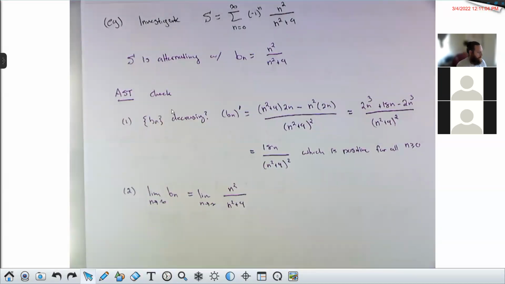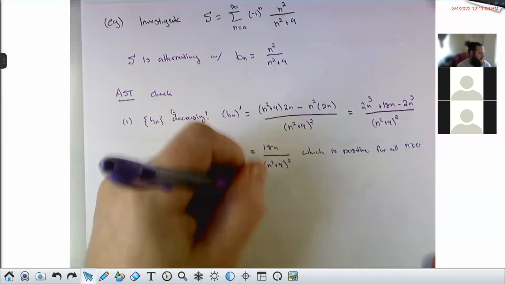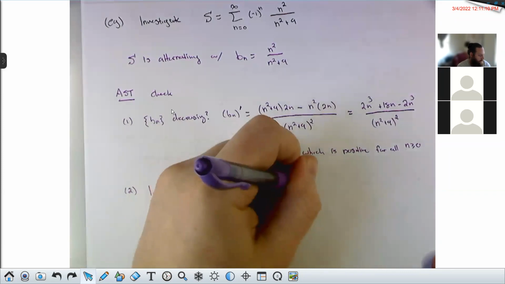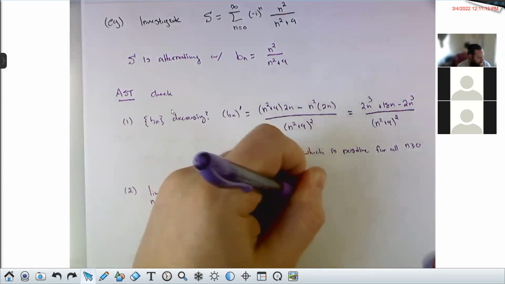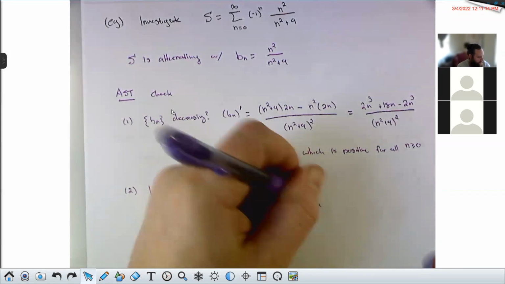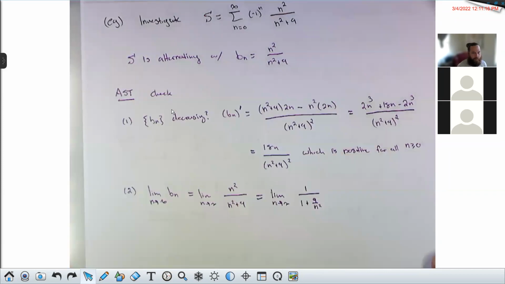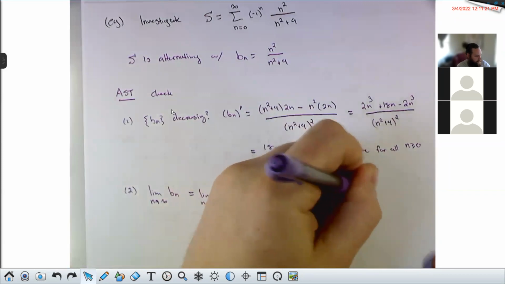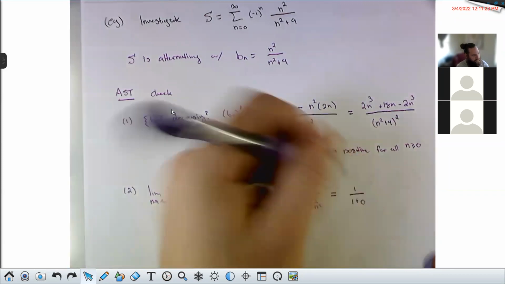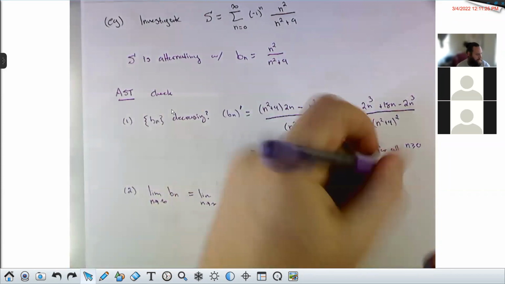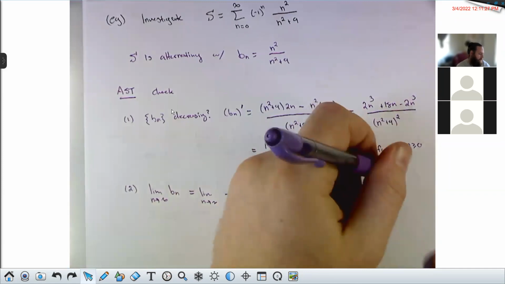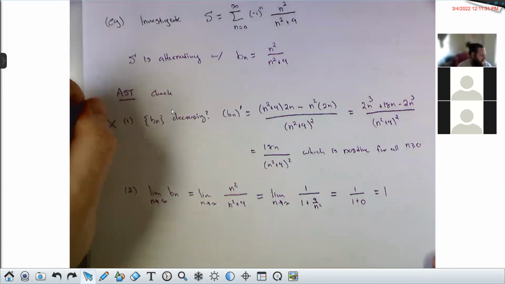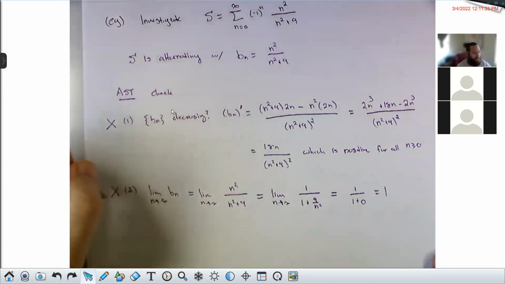If you divide top and bottom by n squared, renormalize, this is 1 over 1 plus 9 over n squared. The 9 over n squared goes to 0 as n goes to infinity. So this is 1 over 1 plus 0 when you take the limit, which is 1, which is not 0. So the series fails both conditions.